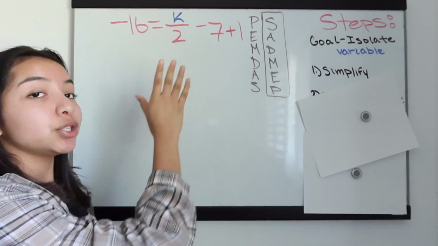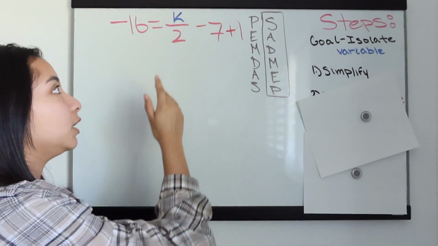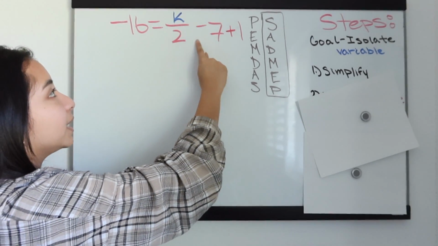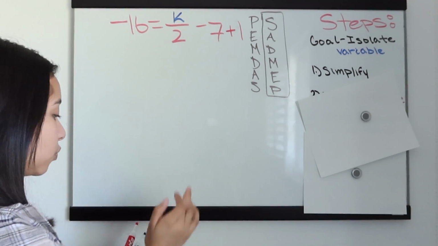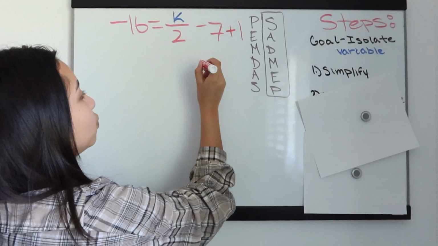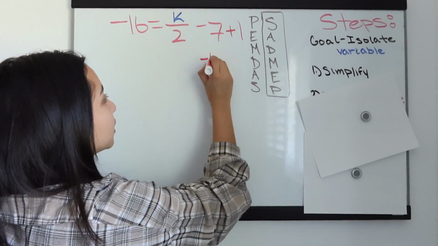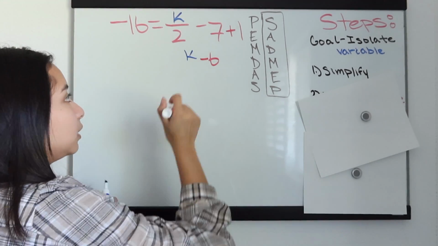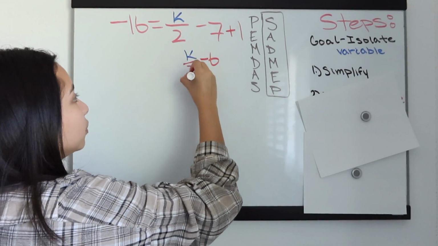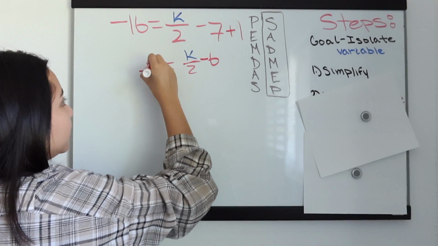In this equation, we can simplify. So what we can do is combine these like terms. Negative 7 plus 1 is equal to negative 6. So then we drop down our remaining values: k over 2 minus 6 is equal to negative 16.